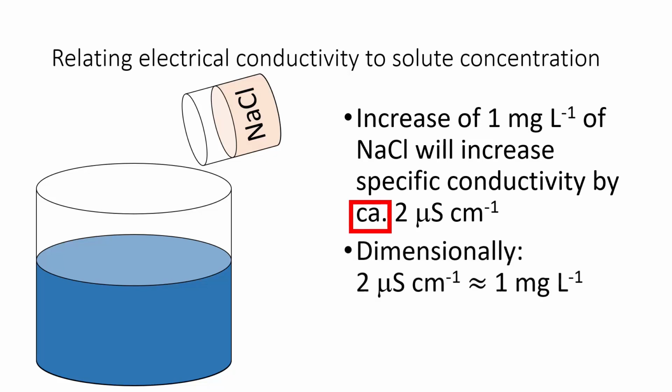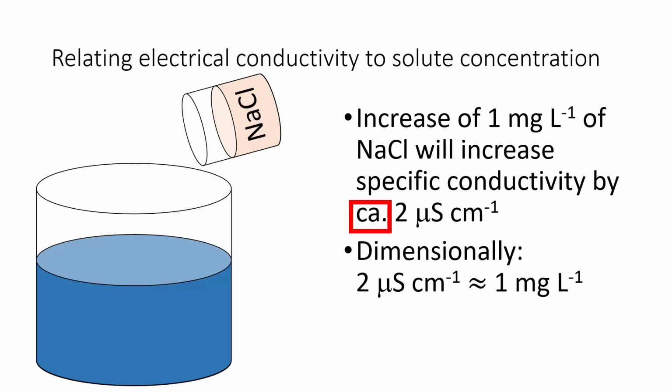Now what's kind of cool about the abstractness of dimensions is the units don't matter. And we know that a 2 microsiemen per centimeter change is consistently tied to 1 milligram per liter, no matter what conductivity we're talking about in the ranges of fresh waters that we're dealing with. That means we can treat microsiemens per centimeter dimensionally just like a concentration.